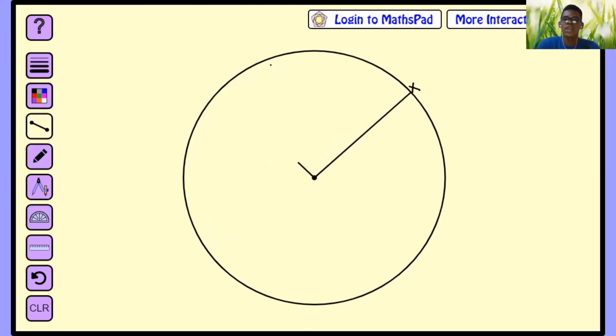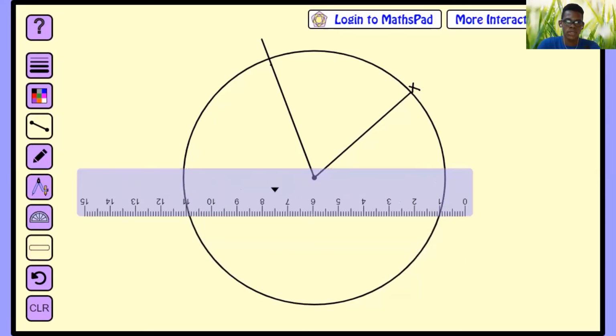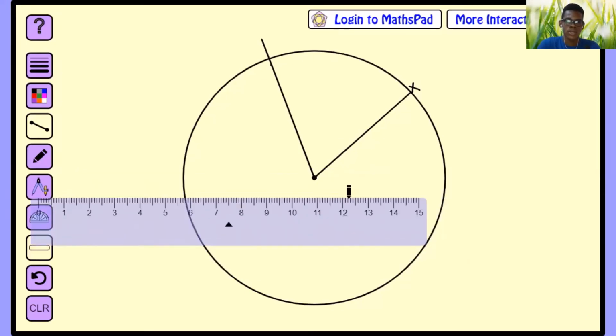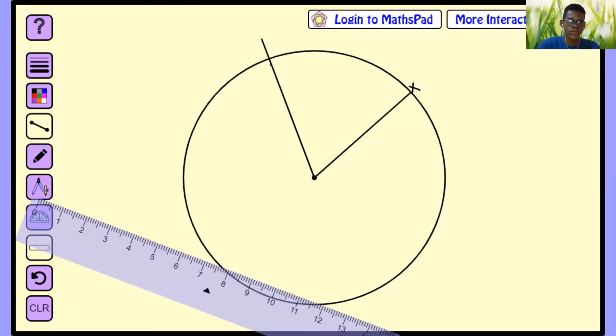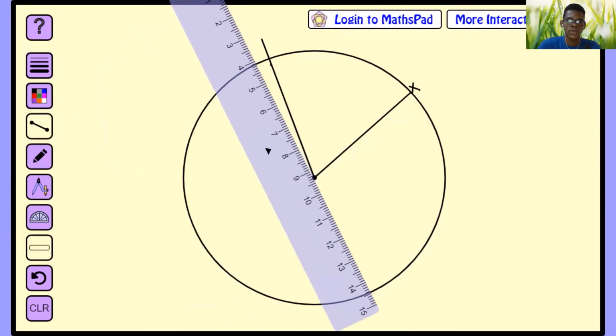Now this app is drawing a straight line for me. You won't be able to do that. You would have to take your ruler and actually do this, right?